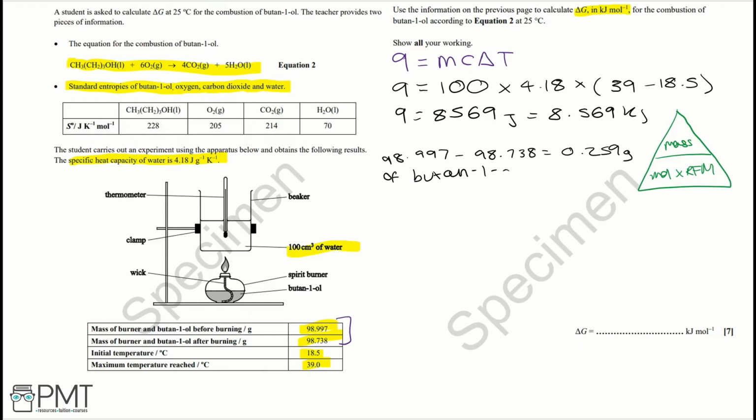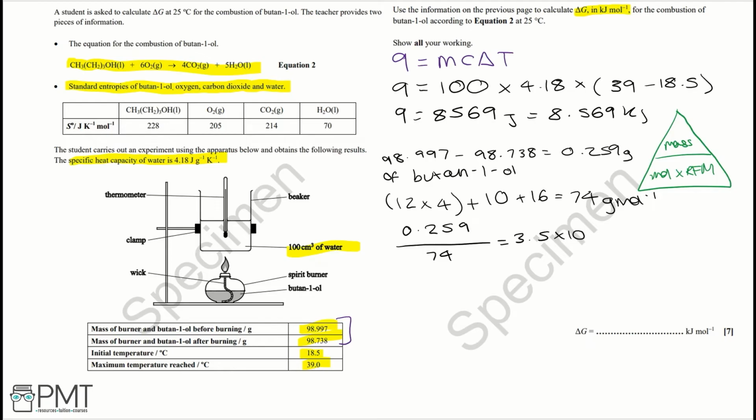And then we're going to work out the relative formula mass of butan-1-ol, which is going to be 12 times 4 plus 10 plus 16, which is equal to 74 grams per mole. And then using the equation triangle, we can do 0.259 divided by 74, and that is equal to 3.5 times 10 to the negative 3 moles of butan-1-ol, which we can then use later on in the question.